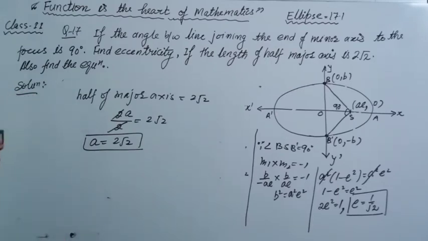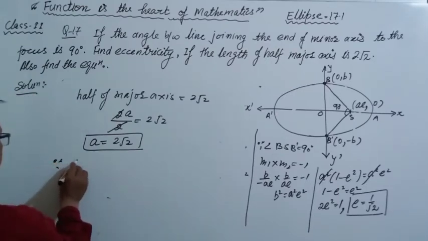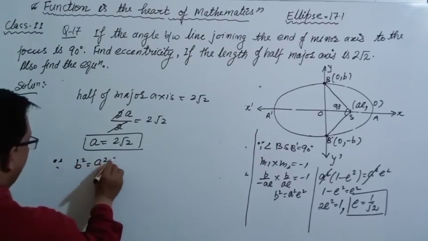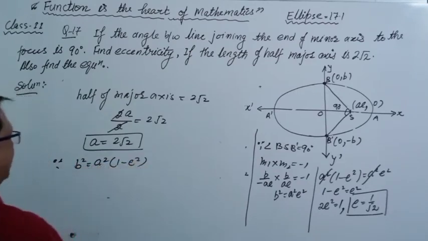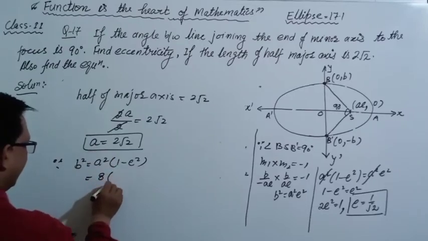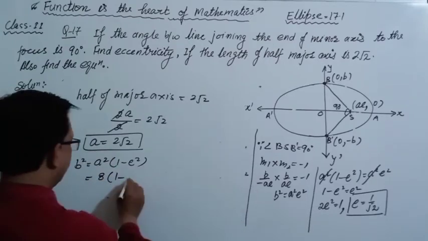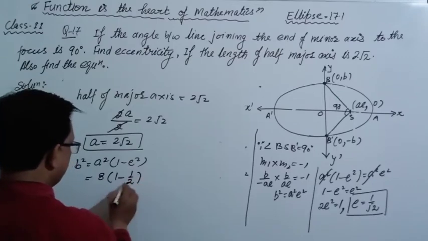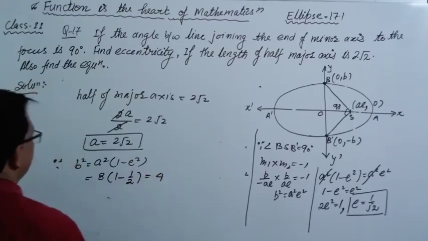And with the help of the relation, we know the value of b square. b square is equal to a square into 1 minus e square. Here we substitute the values. a square means 8, 1 minus e square means 1 by 2. So this is 4.